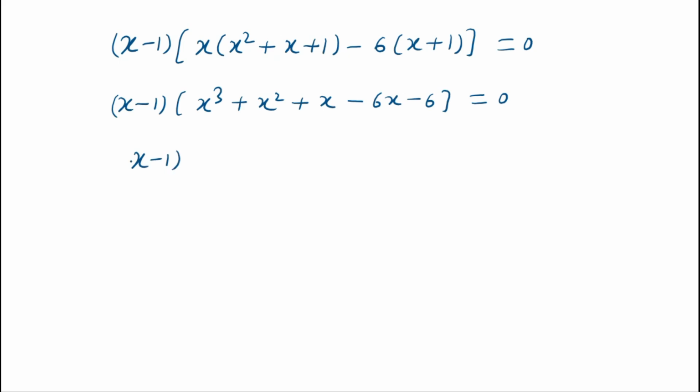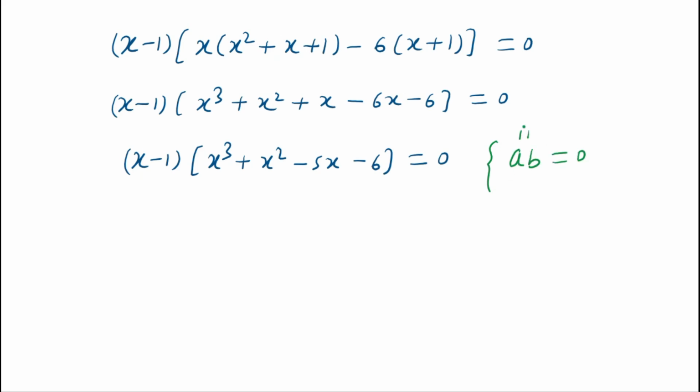Here (x − 1) is multiplied by x³ + x², plus x and minus 6x, so − 5x − 6, and this is equal to 0. On the left hand side we will apply the rule: a times b equals 0 implies a is equal to 0 or b is equal to 0.